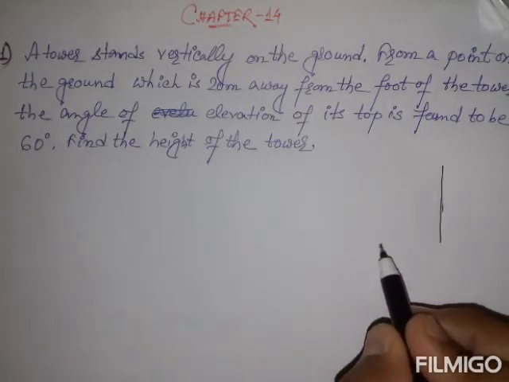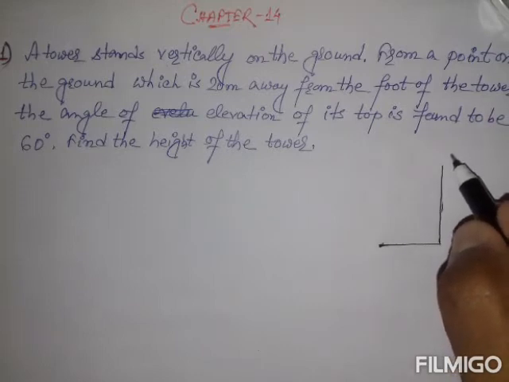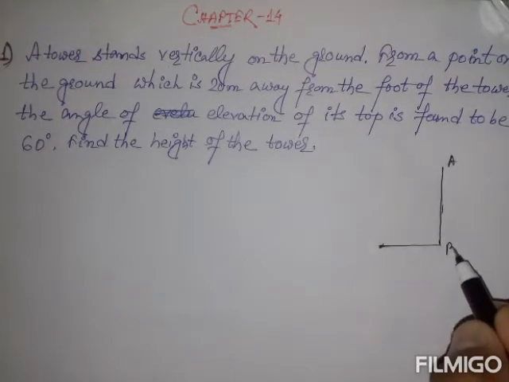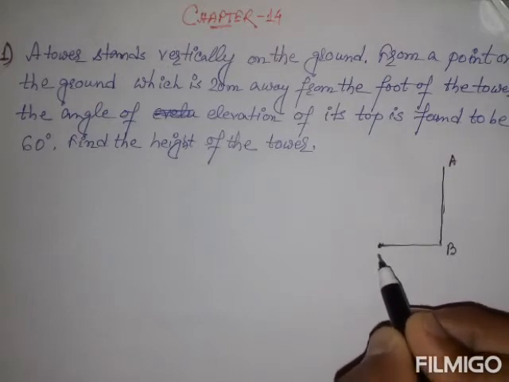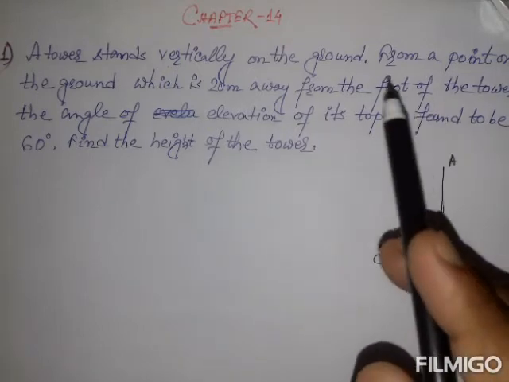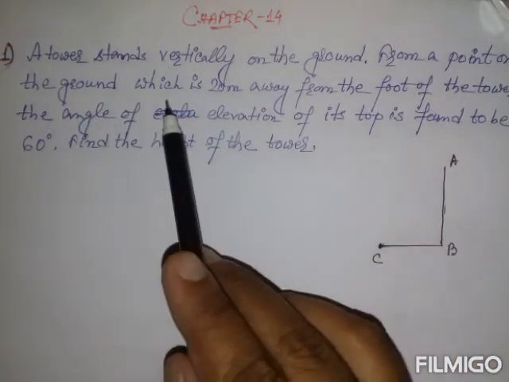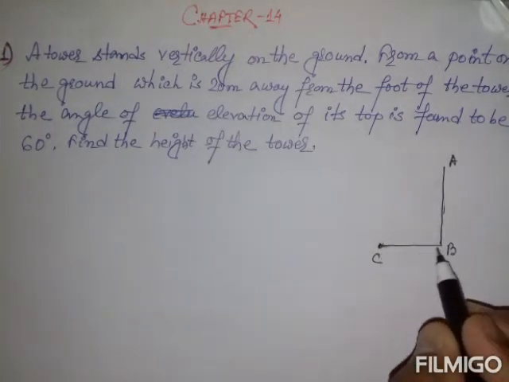is standing vertically. Okay, say AB is the tower and the point B, this is C. Now from a point on the ground which is 20 meters away, so this is the distance.